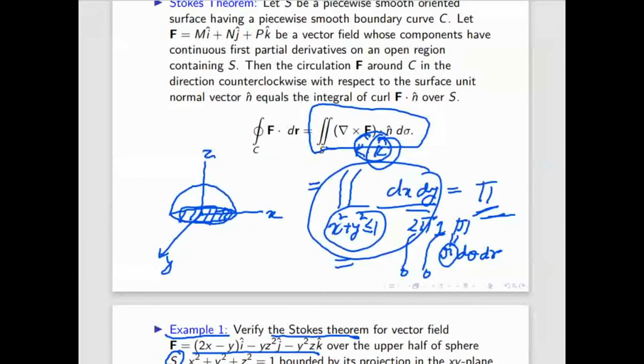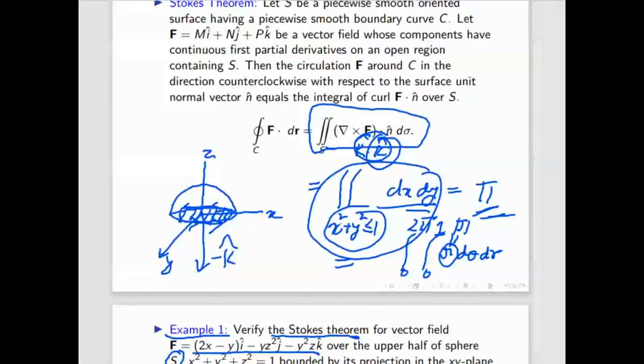Yes, sir. And if you apply that convention here, suppose this is the hemisphere and you are moving around this boundary. If you move in the clockwise direction like this, then the normal will be minus k cap. The same convention. But that minus and this minus from the Gauss divergence theorem become plus k. So that's why I directly took plus k cap.